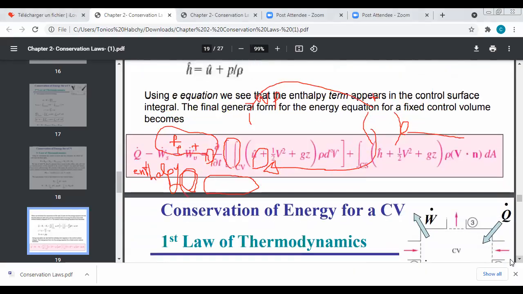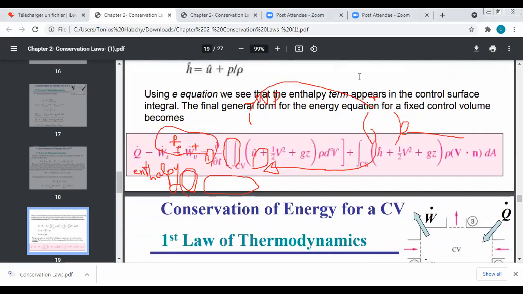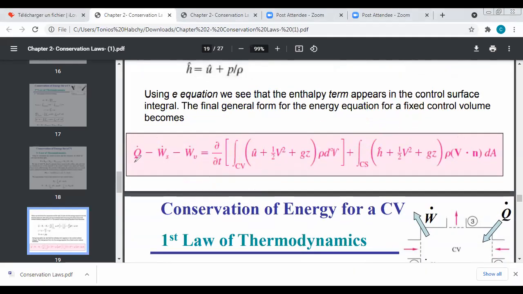This is the final expression of our energy equation. Q dot, which represents the total heat transfer, minus the rate of work produced by a shaft, minus the rate of work produced by viscous forces, is equal to del over del T of the integral over the control volume of the energy term.